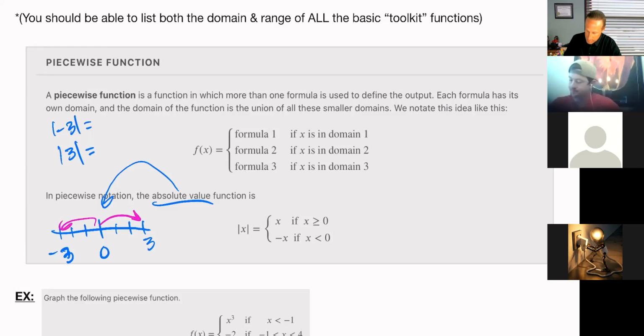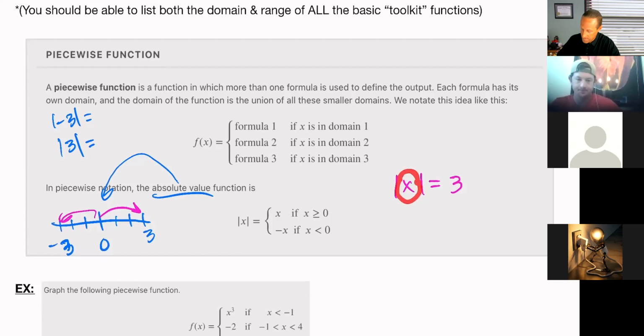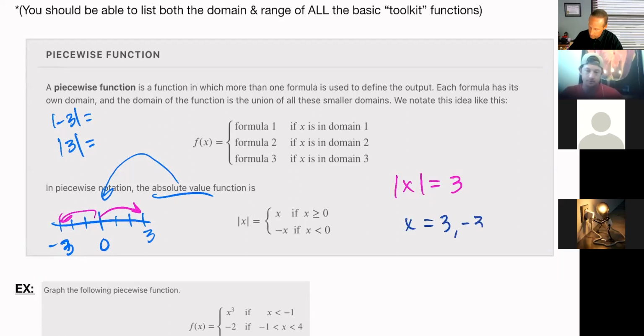Yes. But if I put find this, what is that asking? Find something that is a distance from 0 of 3. And that's why you guys were giving me answers of, well, it could be 3 or -3. Does that make sense? Yes. Okay.